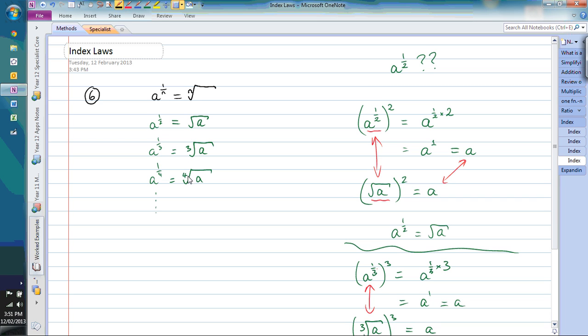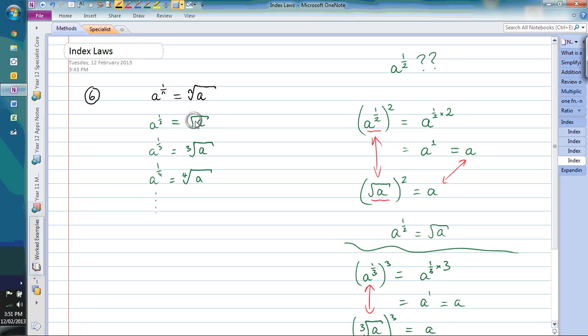If it's a 4 here, it's the fourth root. If it's a 2 here, it's a square root, and we normally just leave that 2 off because if we don't write it, we assume it's the square root. So if it's 1 on n, then we say this is the nth root, which sounds a bit funny, but it's just a way of saying if it's a 4, it's a 4, if it's a 5, it's a 5, if it's a 2, it's a square root, and so on. So a to the 1 on n is equal to the nth root of a.